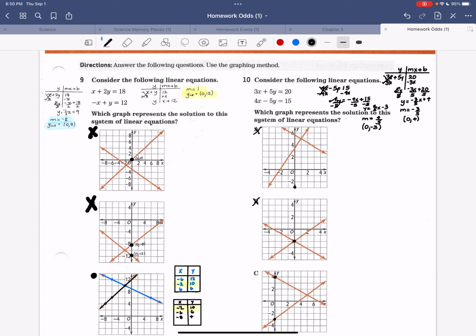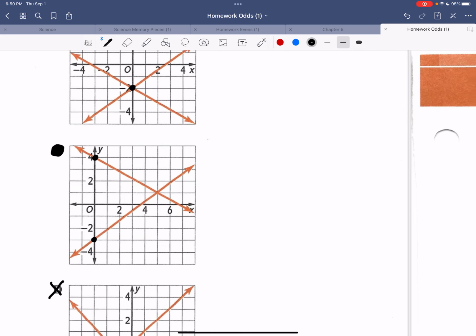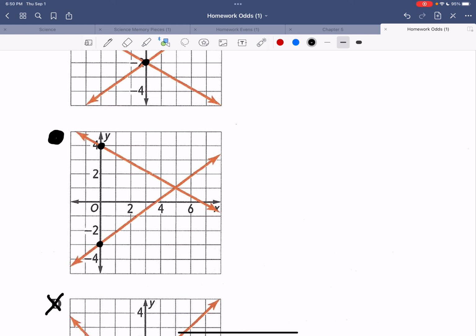Now this is not how they wanted me to solve it. Let me show you how they want me to do it, because that's what I'm supposed to do. Table of values. For both of them, so I need 2 tables of values.